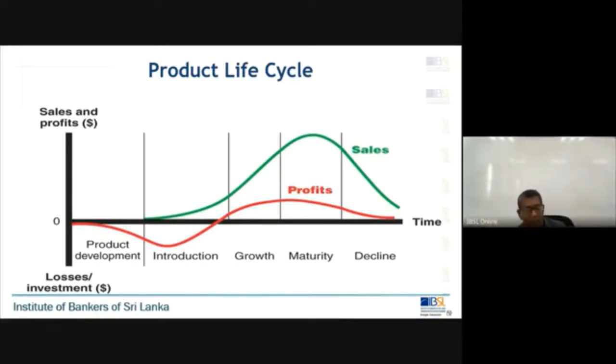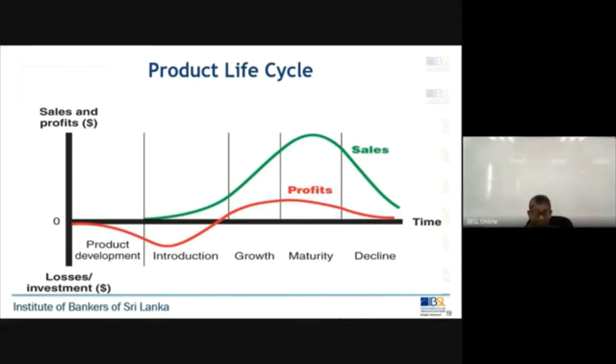Say, for example, a fashion product: its lifespan is very short. But there are some products, like Unilever's Sunlight, still there. A product goes through a life cycle. What is product development?